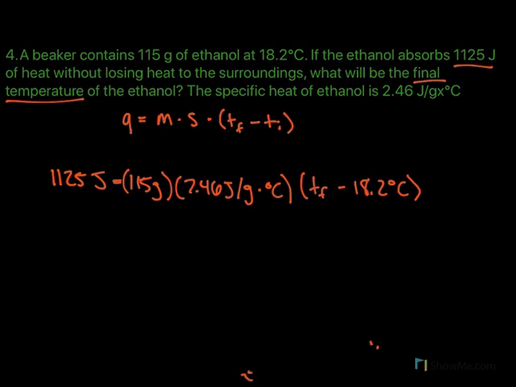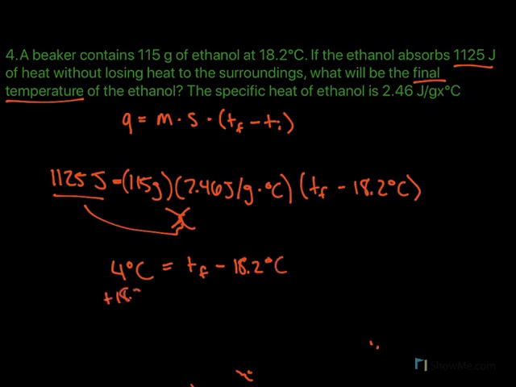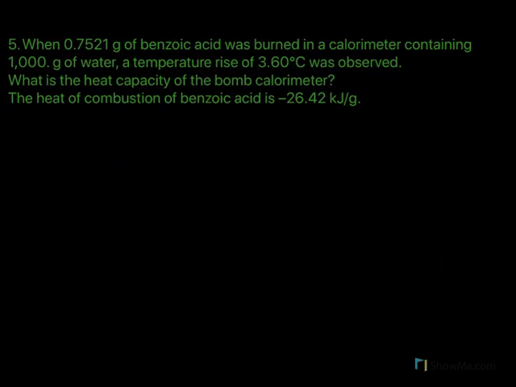So if we multiply these two numbers together and then divide this number by those, we get 4 degrees Celsius. And then that would be equal to temperature final minus 18.2 degrees Celsius. So all we have to do now is add 18.2 degrees Celsius, and we will get our final temperature as 22.2 degrees Celsius.